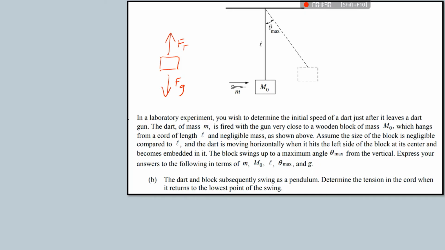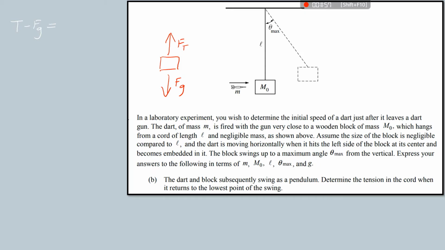Okay. So tension minus weight is equal to MA. Okay, right, tension minus the force of gravity should be equal to MA.